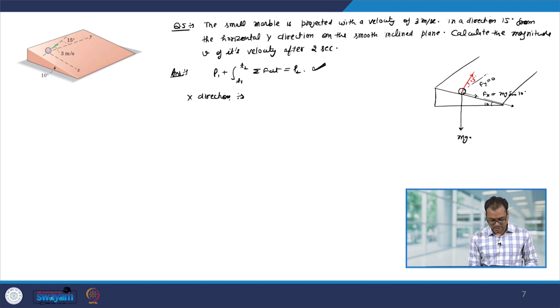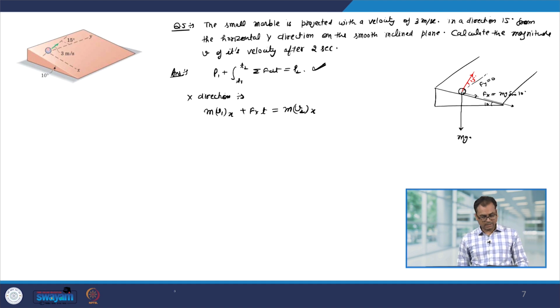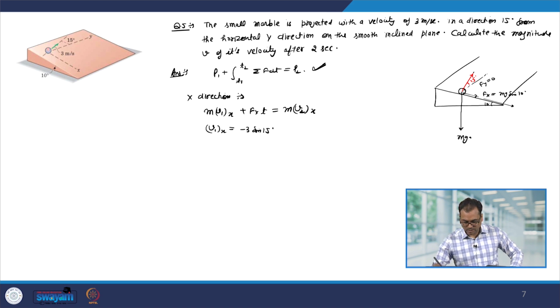Now, let us use this equation both in the x and y direction. In the x direction we have m v1x plus Fx t equal to m v2x. Now, v1x is minus 3 sin 15 degree, because the component of v along the x direction is minus v sin 15 degree, and v is given, it is 3 meter per second.